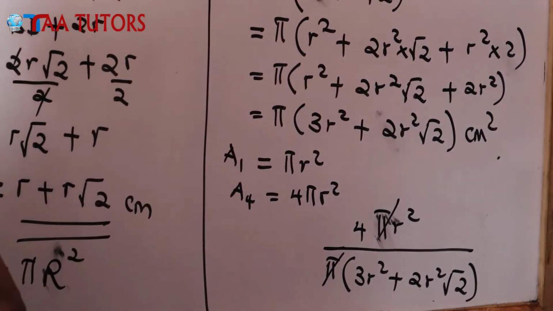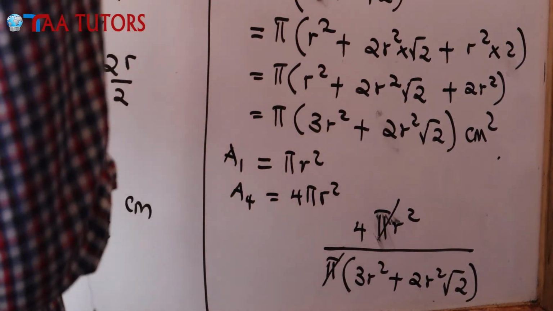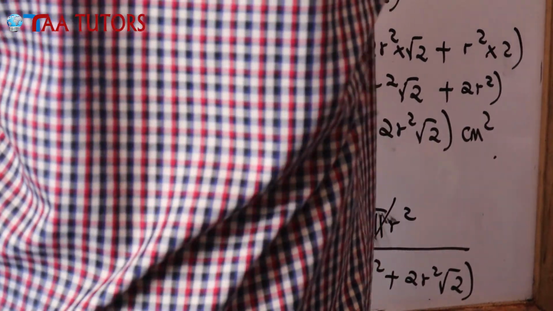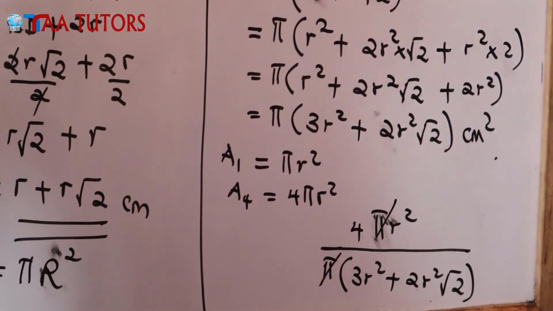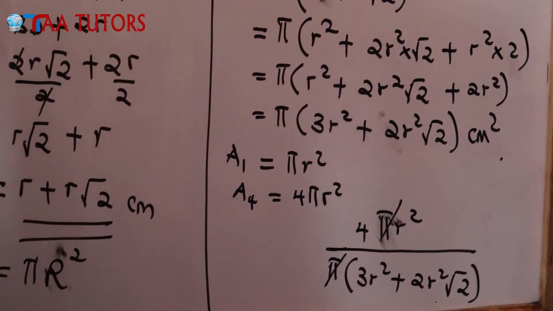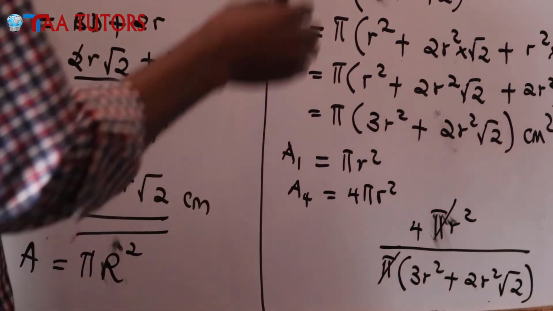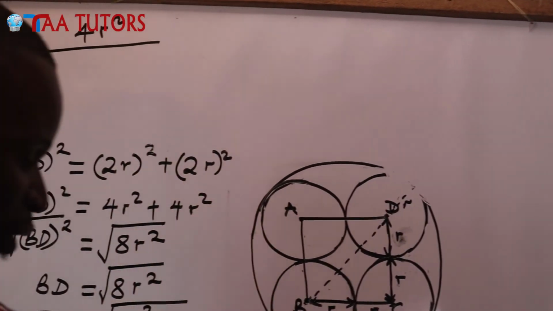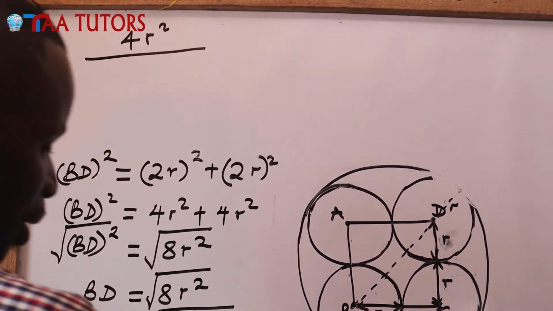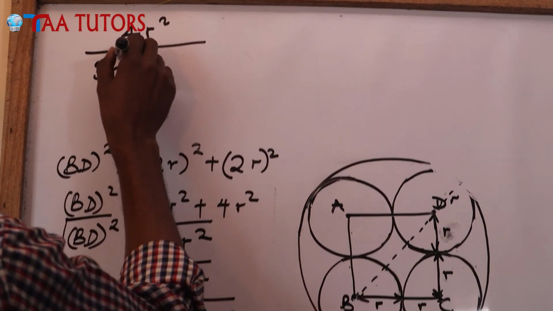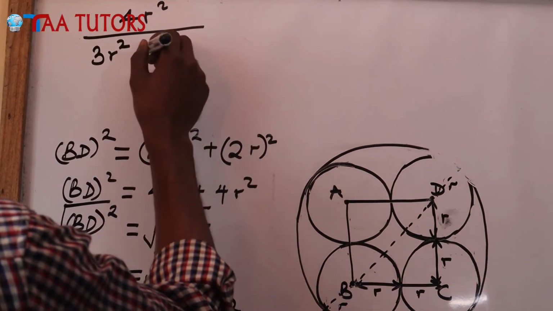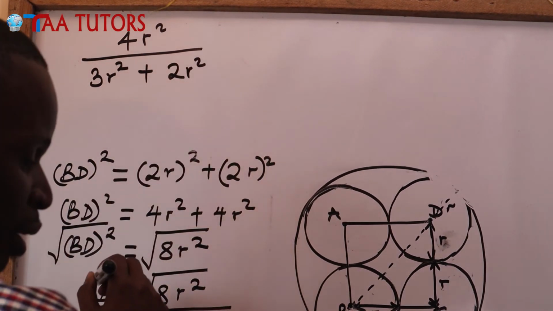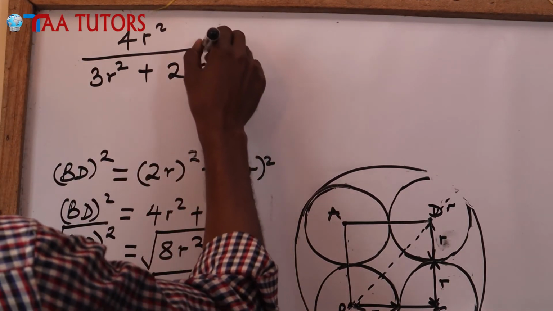So viewers, let us get more space so that we can try to solve this problem. Once we have this one here, we now have 4r squared, everything divided by 3r squared plus 2r squared √2.